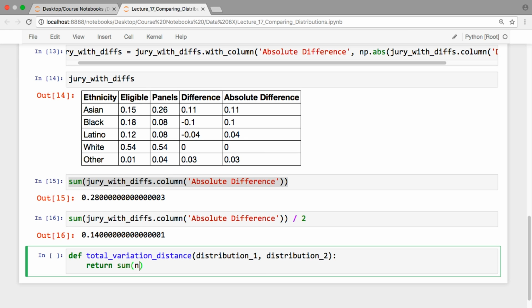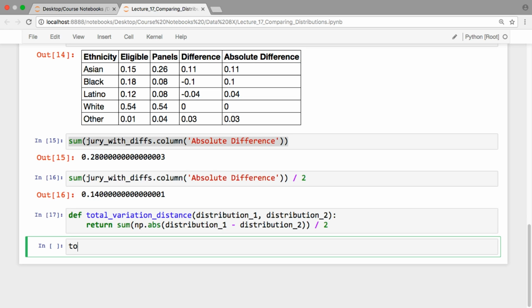The sum of the absolute values of the differences in each category. That gives us twice what we want. We'll divide by 2, and that is a measure of how far off the two distributions are. In particular, it measures by how much one of the distributions exceeds the other, and it doesn't matter which you call which.